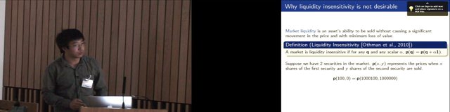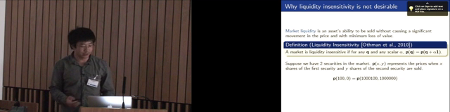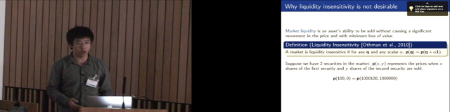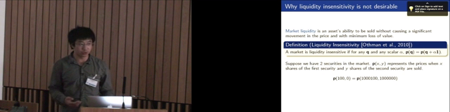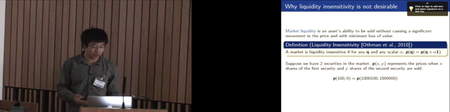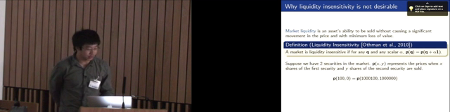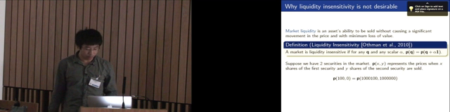While the right-hand side seems to show quite the same confidence in both outcomes by the market. So intuitively the prices in these two cases shouldn't be the same. There are actually other justifications for why liquidity insensitivity is undesirable, but this is the simplest one.